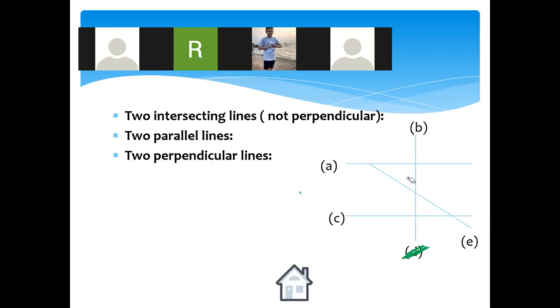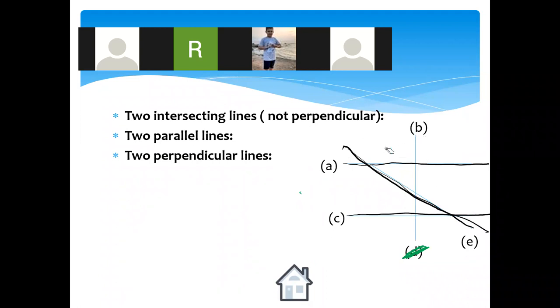Line B is vertical. I will draw it in black. Where's the line A? Here, horizontally. Line C is also under it horizontally. And this one is line E.